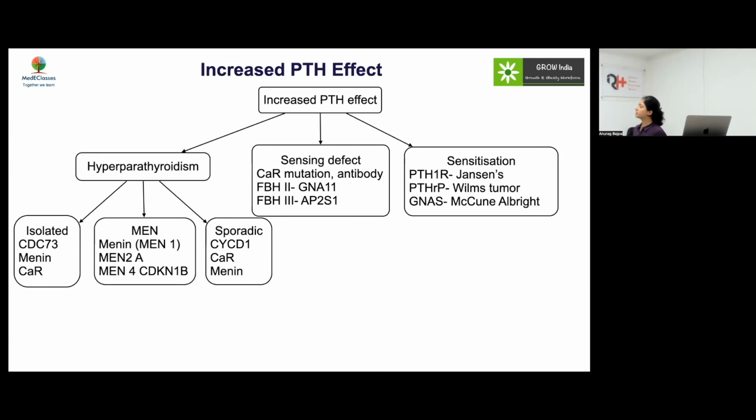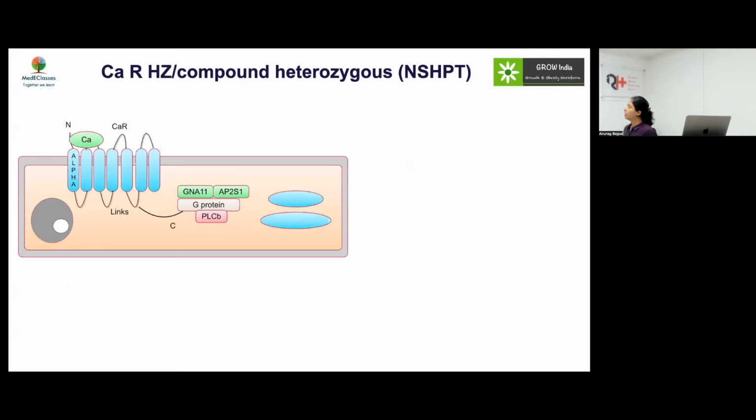Or increased PTH effect may be because of increased sensitization, as is seen with the constitutionally active PTH1 receptor in Jansen's metaphyseal dysostosis, PTH-related peptide increase in Wilms tumor, and increased constitutional GNAS activity in McCune-Albright syndrome.